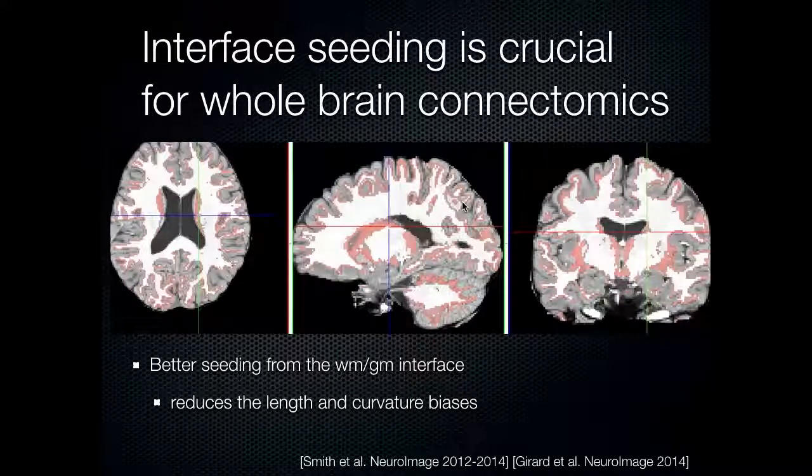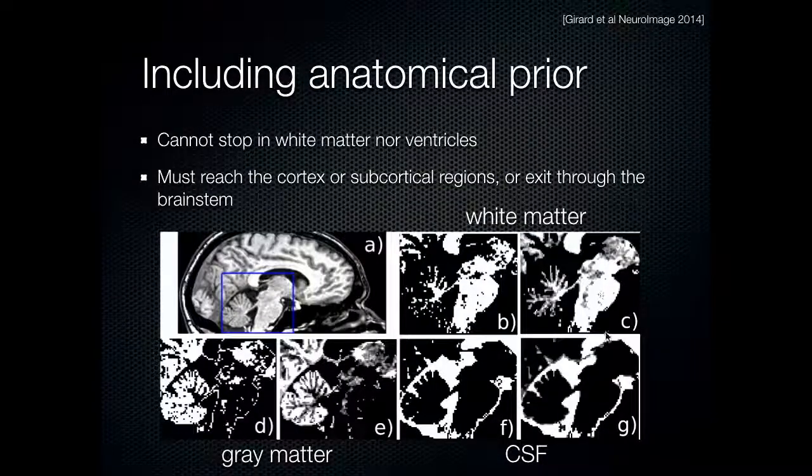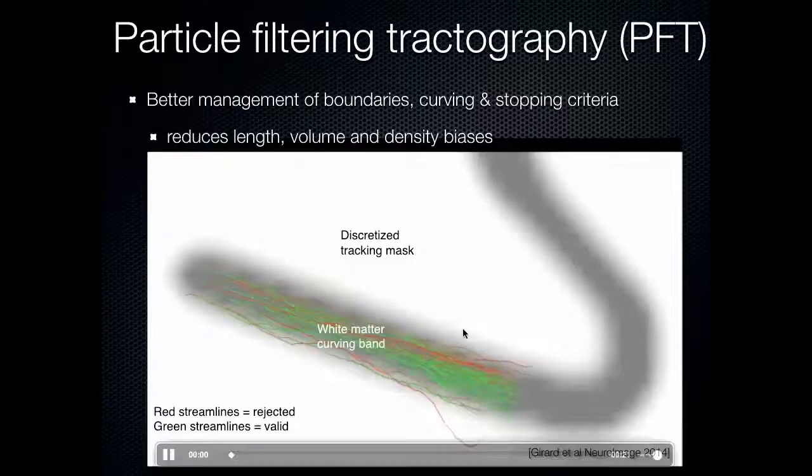Since you often have the T1 weighted image, we have the tools nowadays to extract this interface and better seed from it. Another way to include anatomical priors is to inject the partial volume maps from a T1 segmentation. If you know your tissue classes, gray matter, white matter, CSF, you can actually forbid streamlines from ending in the ventricles and force streamlines to connect subcortical or cortical gray matter.